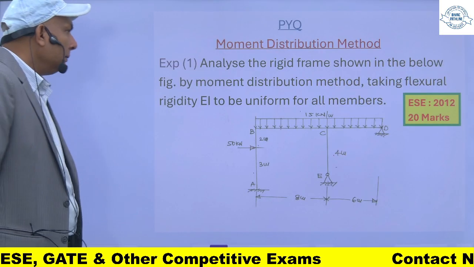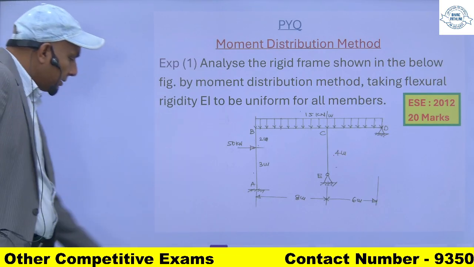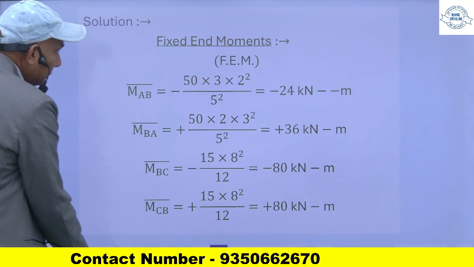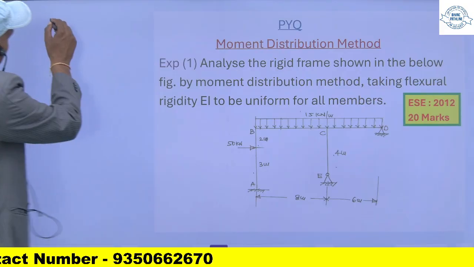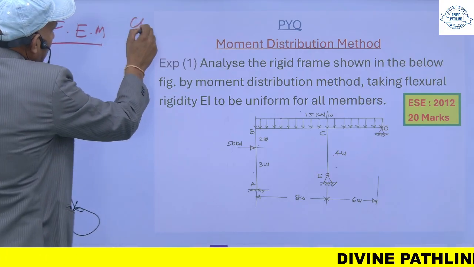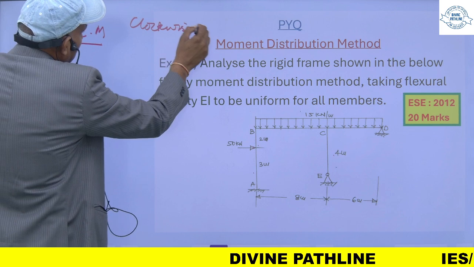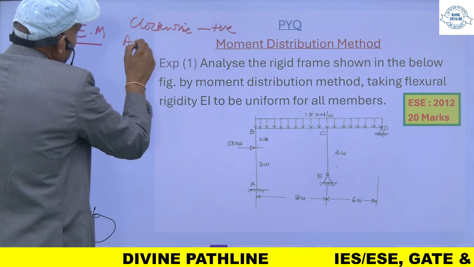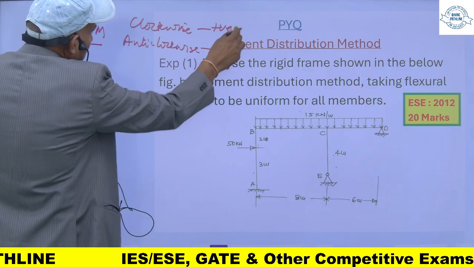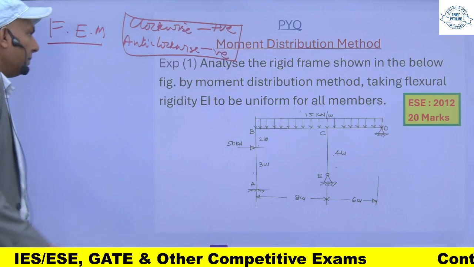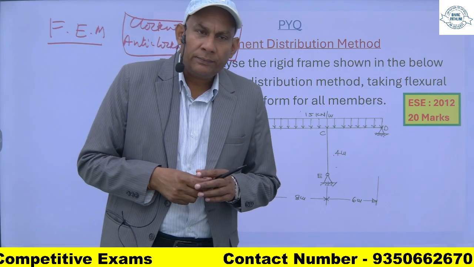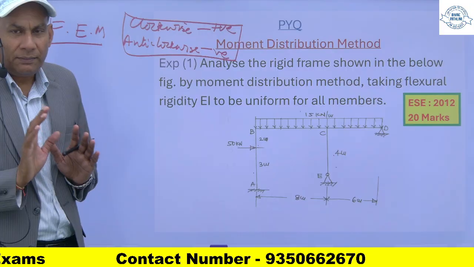So as usual, I will find the fixed end moments first. Sign convention: clockwise moment is positive and anti-clockwise is negative. This is the standard sign convention which we have to follow. The usual concept of sagging and hogging will only be used while drawing the final BMD.